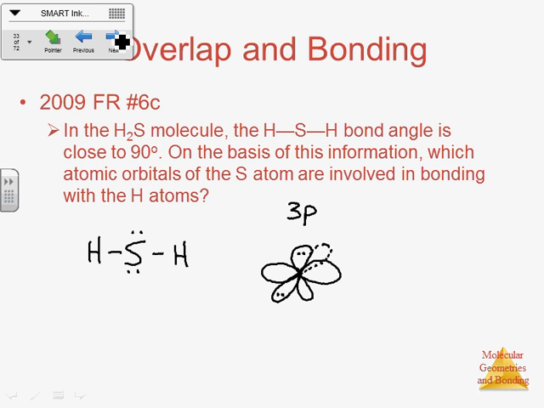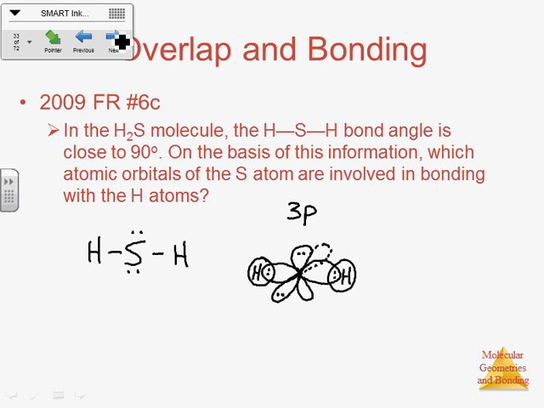So if we've got 90-degree bond angles here, I knew the Lewis structure was going to mess this up a little bit. The idea here is these hydrogens, if they're sharing electrons with this sulfur, then it's going to look something like this.